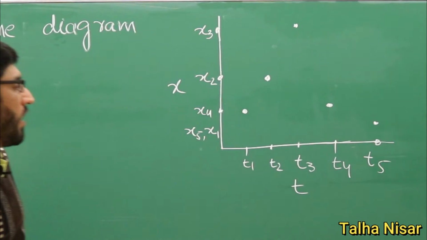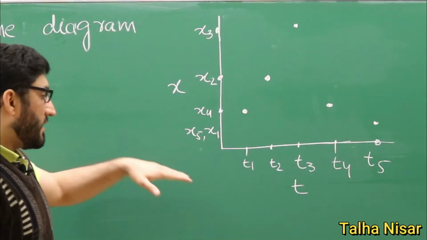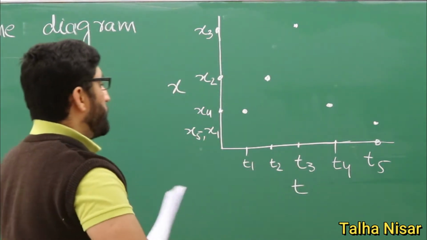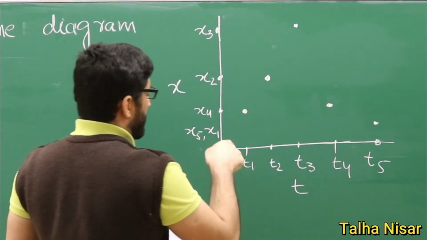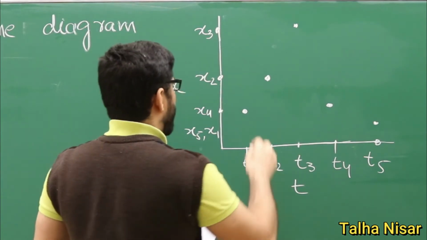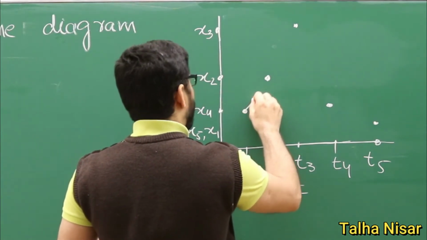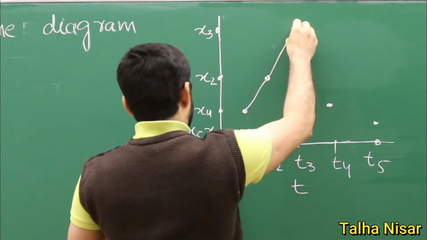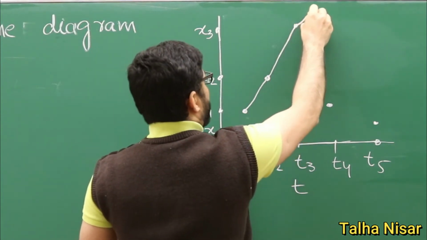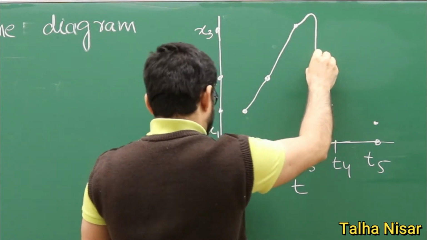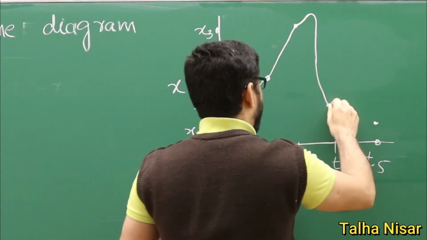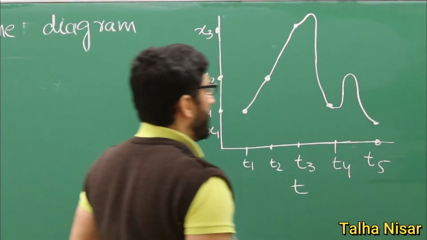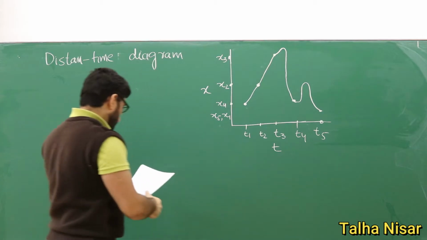Now we want to know how this object moves along the x-axis with respect to time. At time t1 the object starts, it moves to time t2, and after some time it's here, then to time t4 it's again going up, and it's coming to time t5.